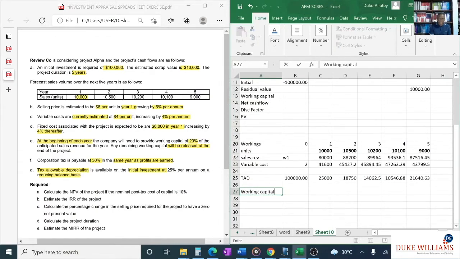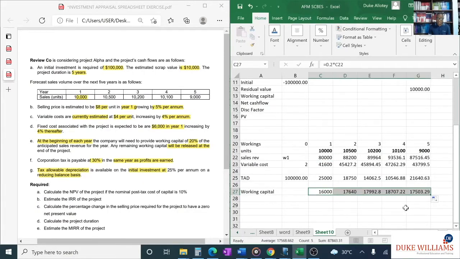Very interesting. I want you to pay attention. So 25% of the sales, or 20%, I'm told, my apologies. So 0.2 multiplied by this sale. I only need to do one, and the rest will just follow up like that. Very interesting.